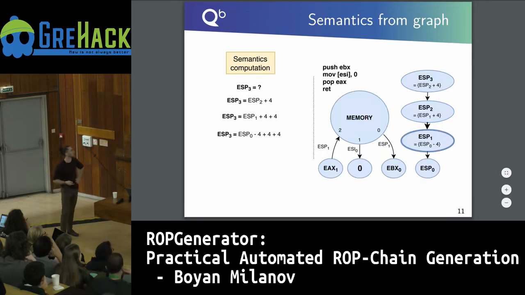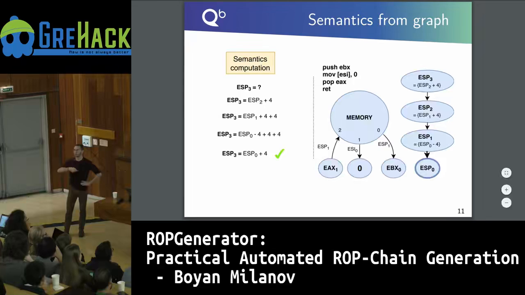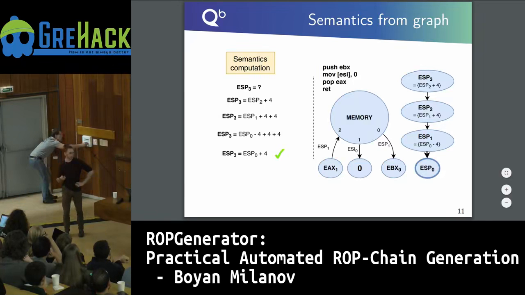You do the same for ESP1, until you reach ESP0. So now you have ESP3 equals ESP0 plus 4, which means that you express the final value of ESP depending on its initial value. So here you can see that this gadget is incrementing ESP by 4.